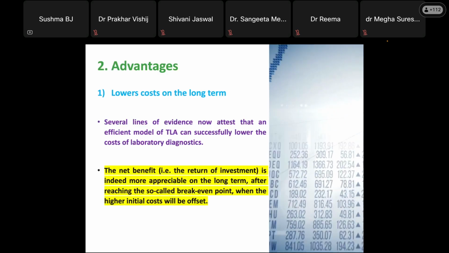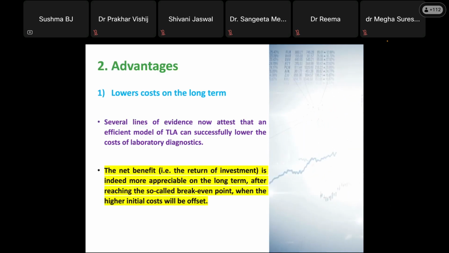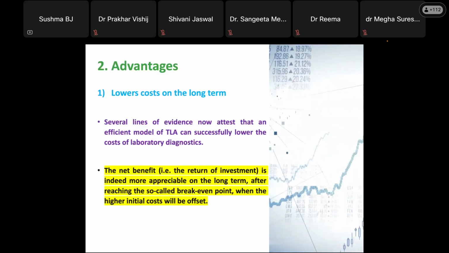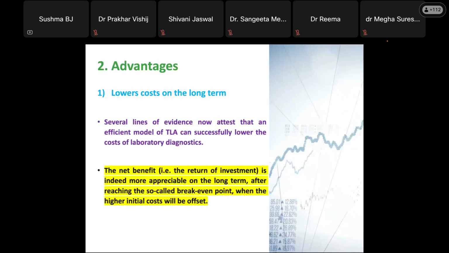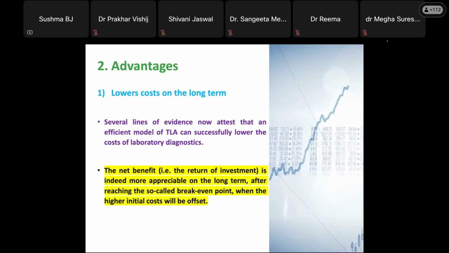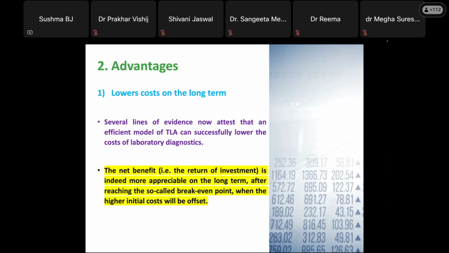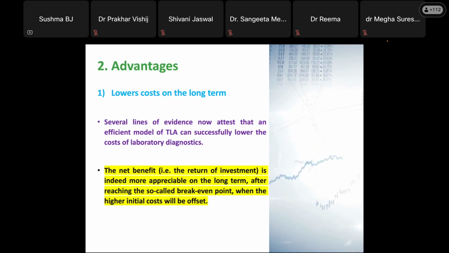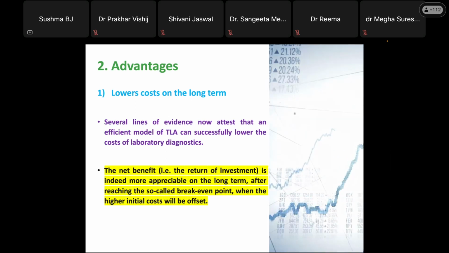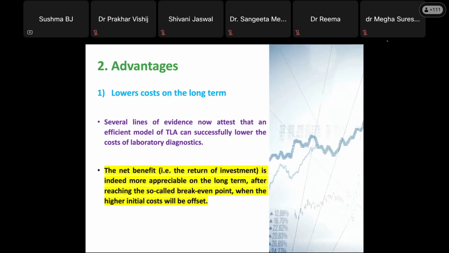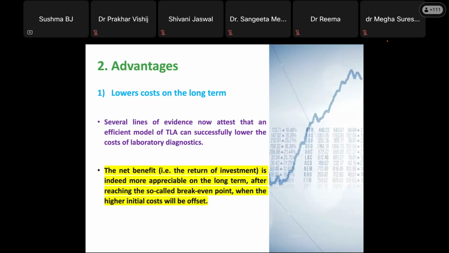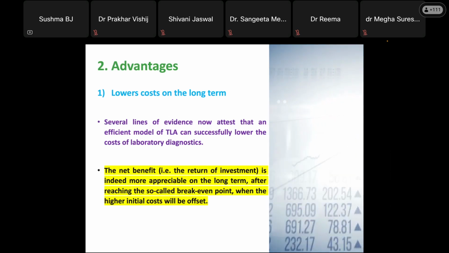So the number one advantage would be lower cost in the long term. If somebody is expecting a cost benefit analysis at the initial point or in the short term, definitely it is not going to work out. But if we look at the long term and the number of samples in a medium size laboratory or a very large size laboratory, we can expect lower cost in the long term analysis.